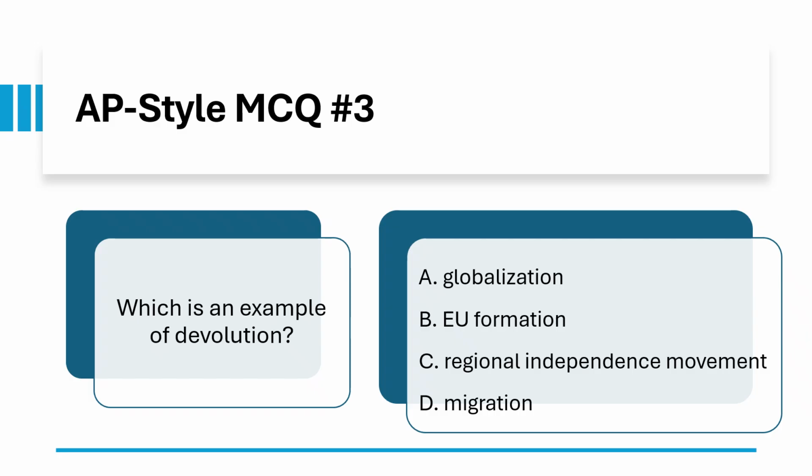Let's look at question 3, which is an example of devolution. Is it A, globalization, B, the EU formation, C, a regional independence movement, or D, migration? Take 10 seconds, choose the best answer.